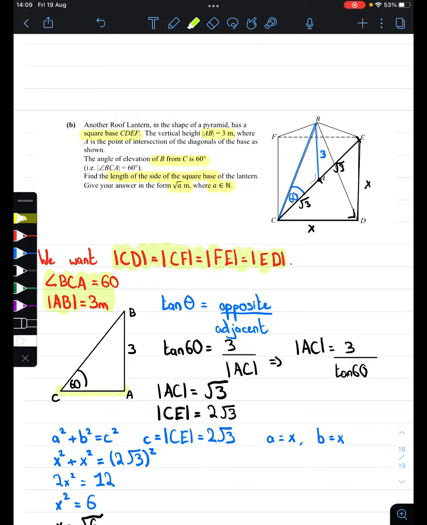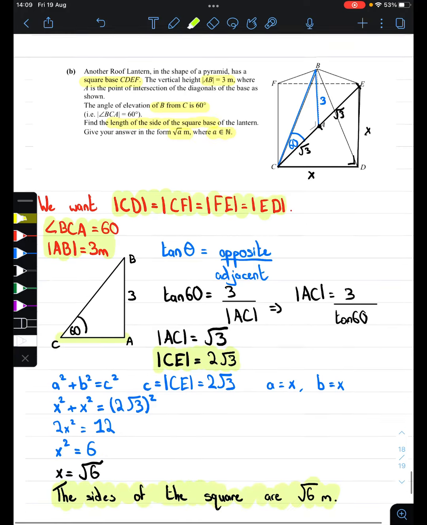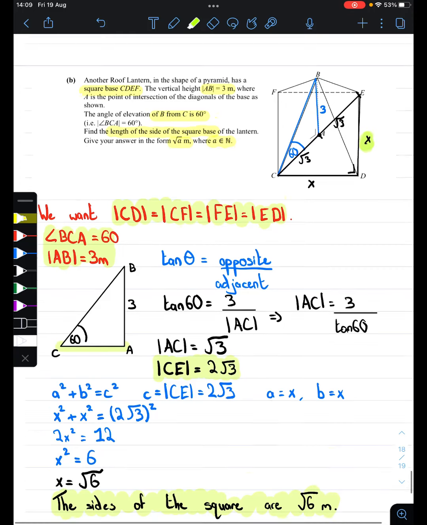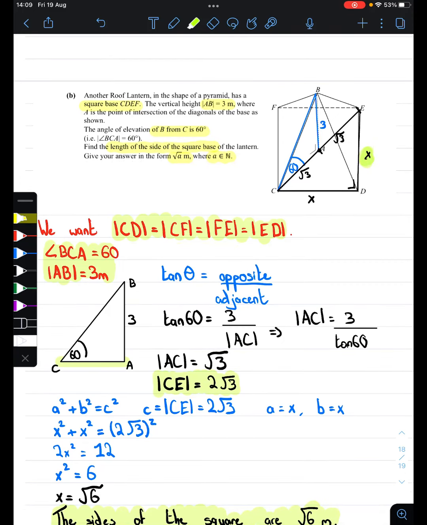We also could have found this length, but we would have pretty quickly realized that it wasn't really helpful. So we would have had AC, and that would have allowed us to then get EC, and that allows us to find x.